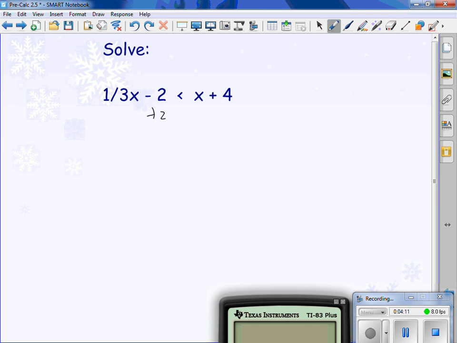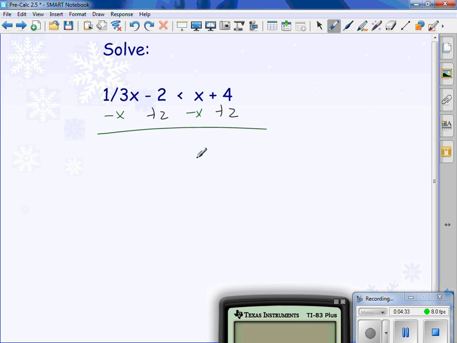I'm going to add 2, add 2. What else am I going to do? I'm going to do both things in one step. Move minus x, minus x. I want to move so my variable's on the left. This is just me. It doesn't matter which one you use.